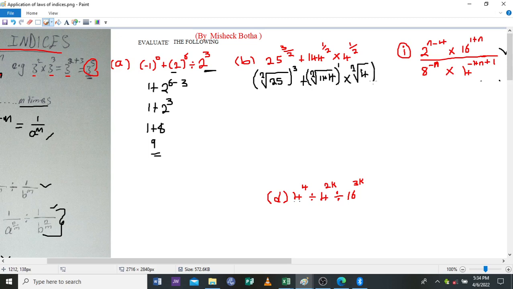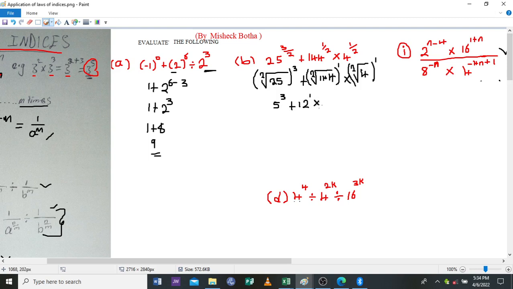Now this is raised to the power 1, right? Sorry, that's to the power 1. Okay, so that's in bracket. Now if we do that, we see that we are going to have 5 to the power 3 plus the square root of 144, that's 12, right, to the power 1.